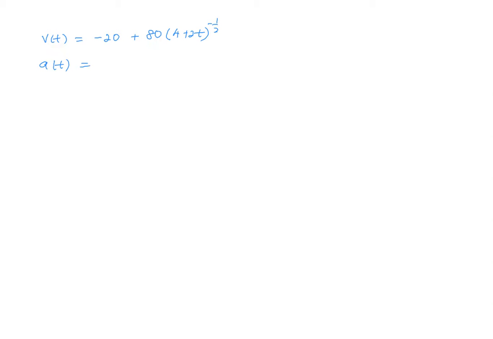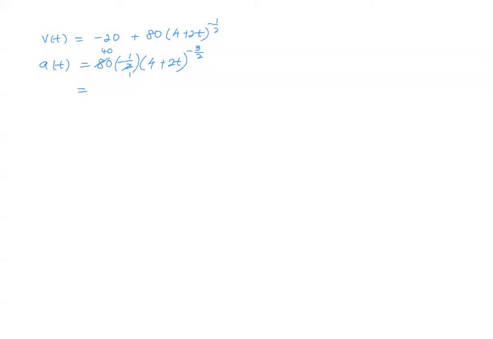Bram, may I know what is the derivative of v(t)? 80 times negative 1/2 times (4 plus 2t) to the power of negative 3/2. Okay, here we cancel, got 40.